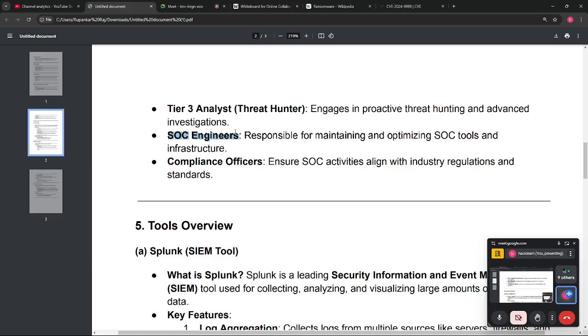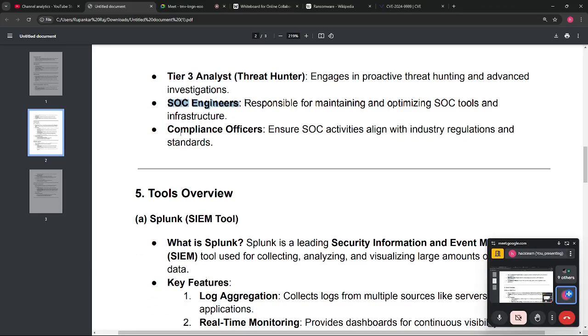Your task might be to develop scripts and workflows to automate repetitive tasks, like log parsing or report generation. These are very repetitive tasks, so you can develop some scripts to automate them. So these are the basics.